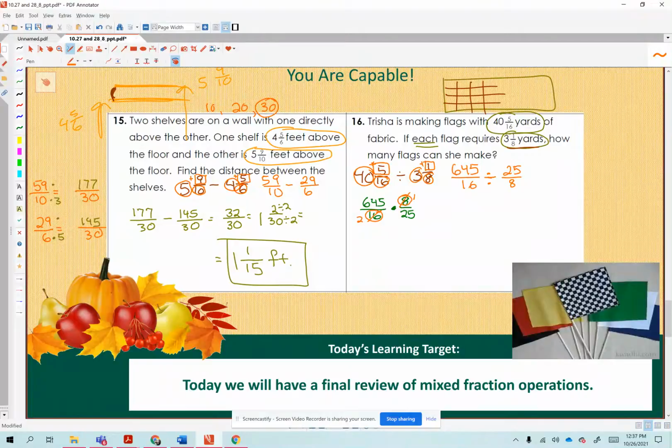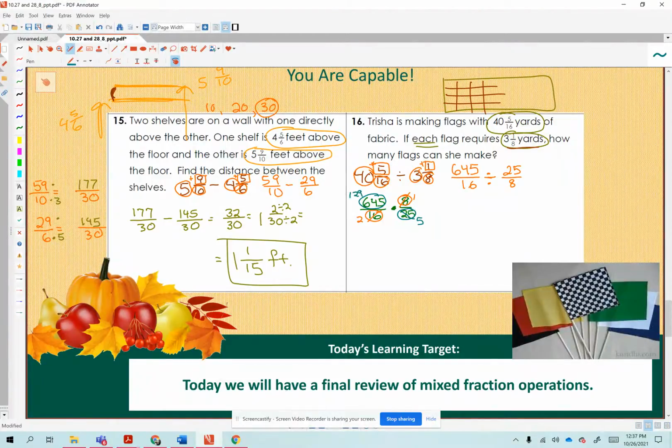I also see that 645 and 25 are both multiples of 5. So I will divide those both by 5. So 25 divided by 5 is 5. 645 divided by 5 is 129.